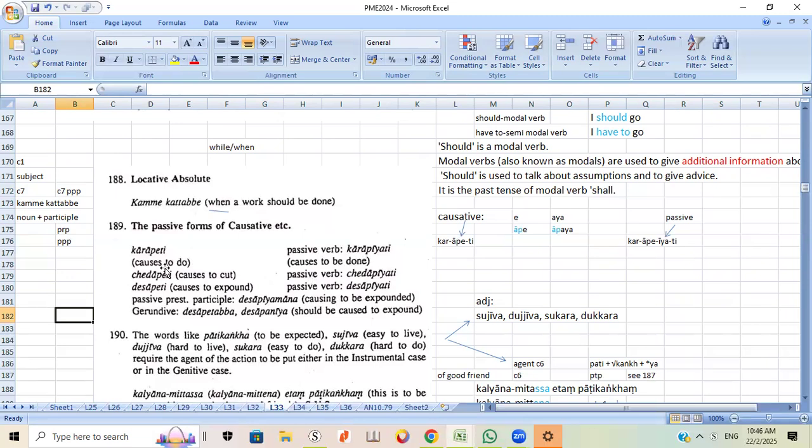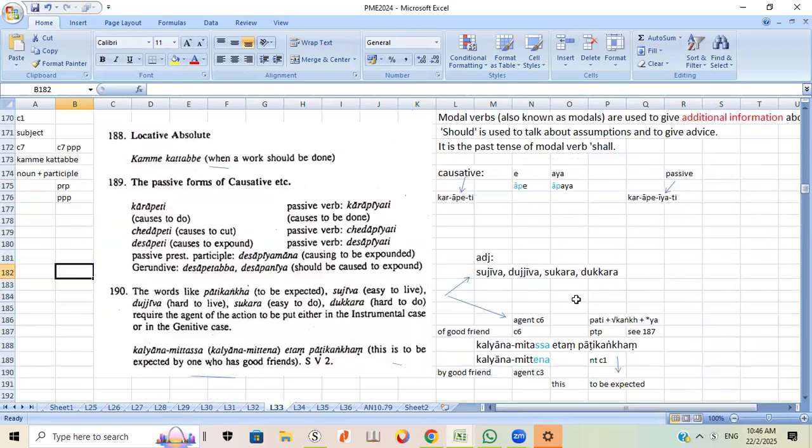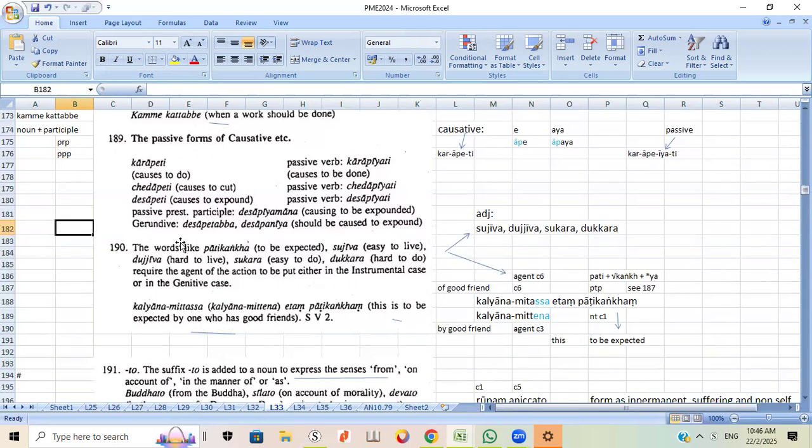As long as you understand one of it, then the rest is not a problem for now. So the next one is this 190. This is also talking about the rules. The words like participle, that means technically the moment is here to be expected.